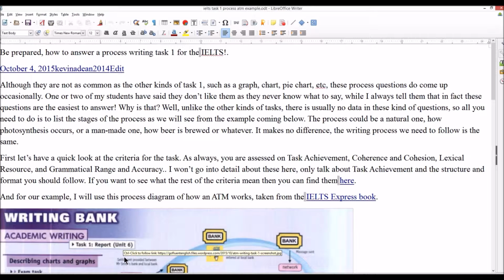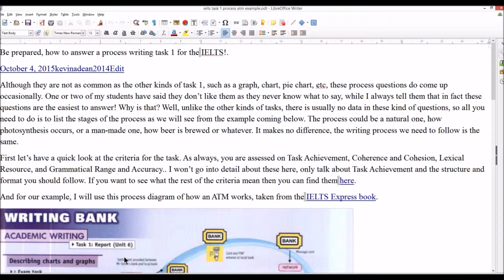Basically, you're using connecting language. First, the ATM card is inserted, after which, then, next, during, and finally, etc. So all you're doing is basically listing the stages and using sequencing language to connect them, and that's it. Pretty straightforward.